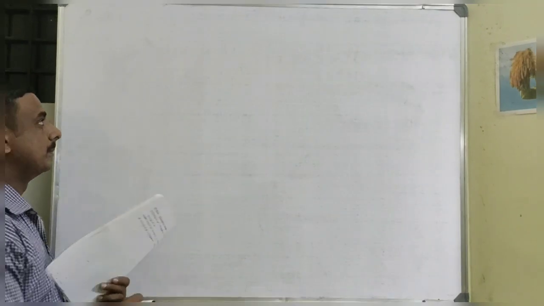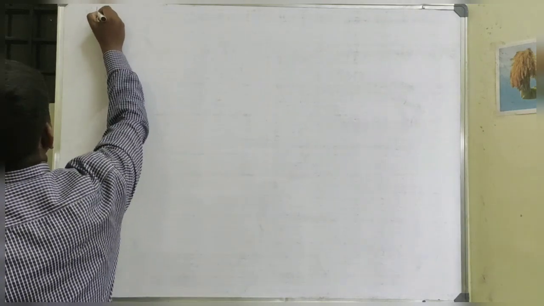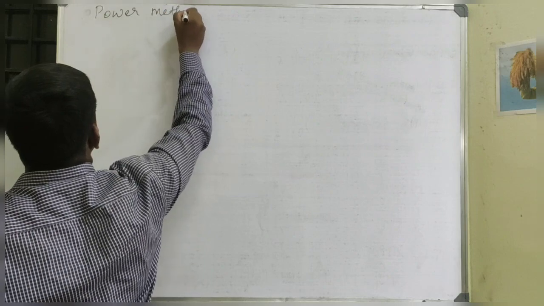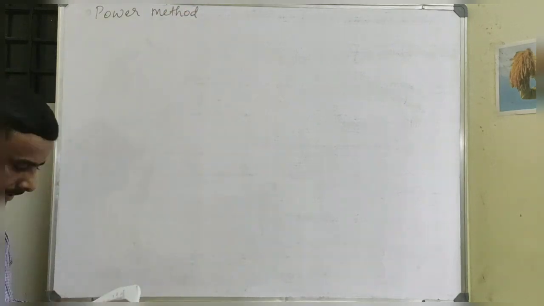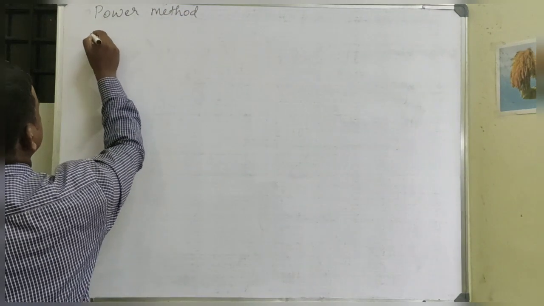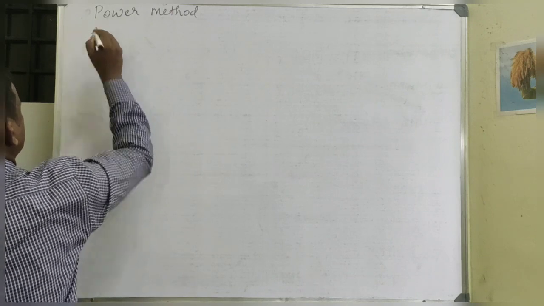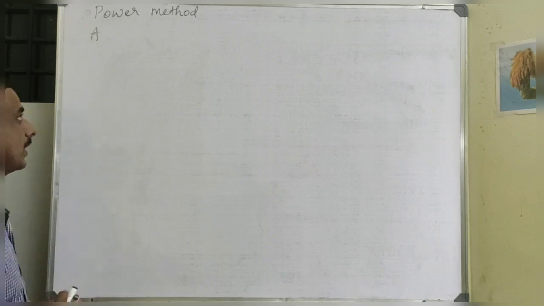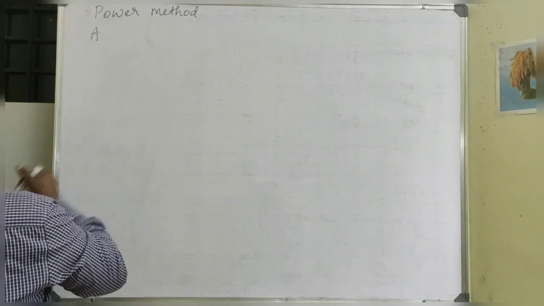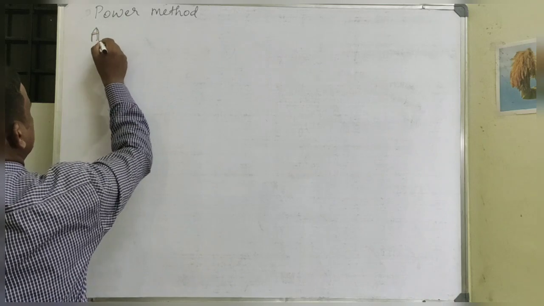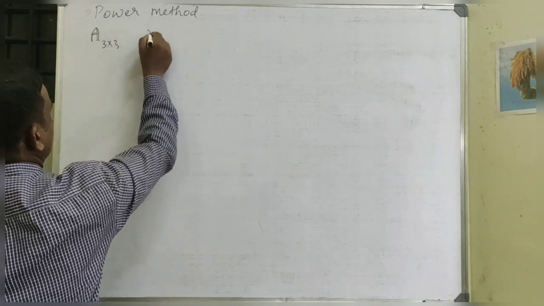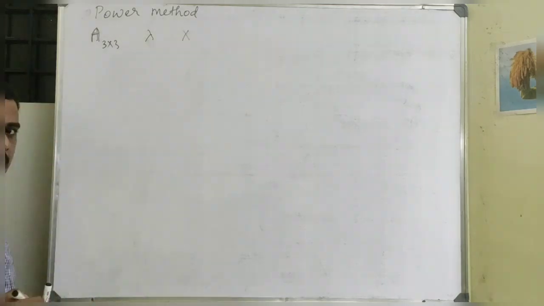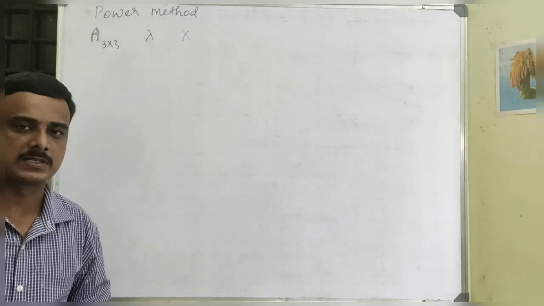Now, Rayleigh's power method, or simply the power method. Here you will be given the matrix A. Usually you will be given a 3 cross 3 matrix, a square matrix of order 3 cross 3. Now you will be asked to find the eigenvalue lambda and corresponding eigenvector x of largest size.